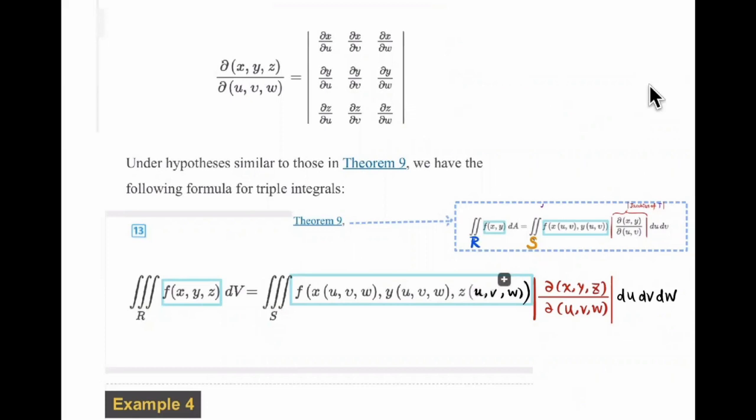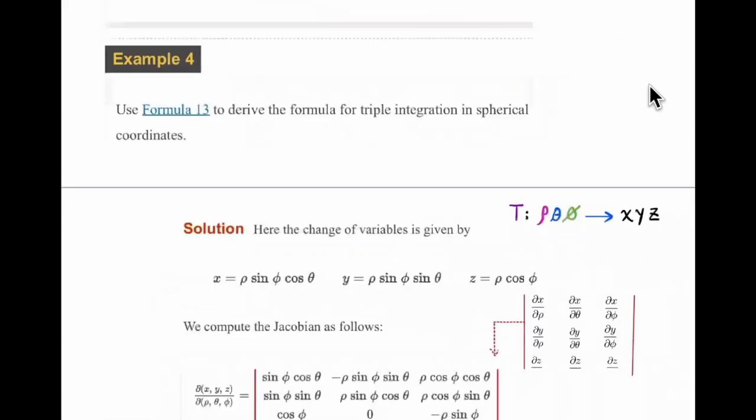Okay, so a solid in the uvw coordinates. This is a solid in xyz coordinates.